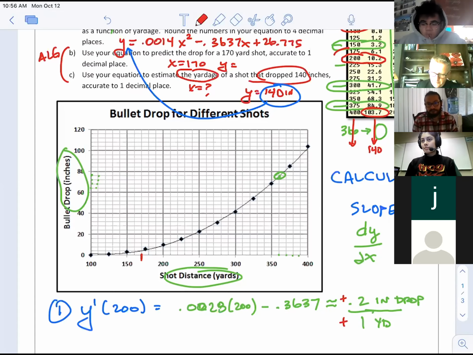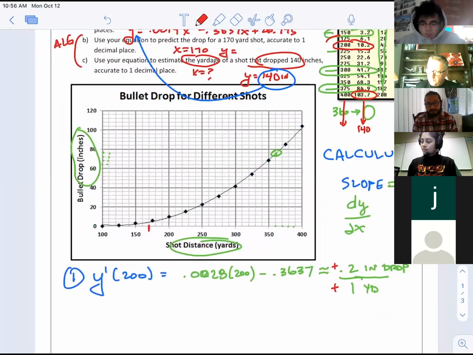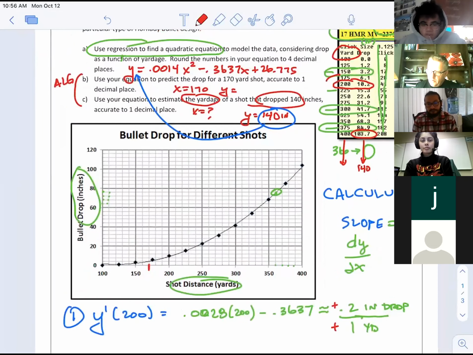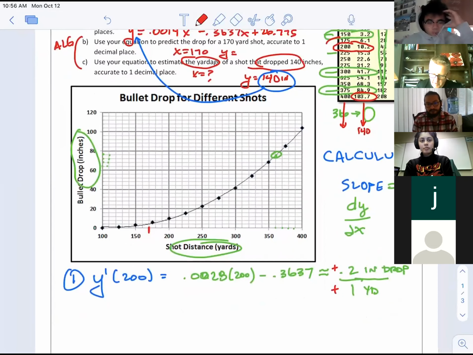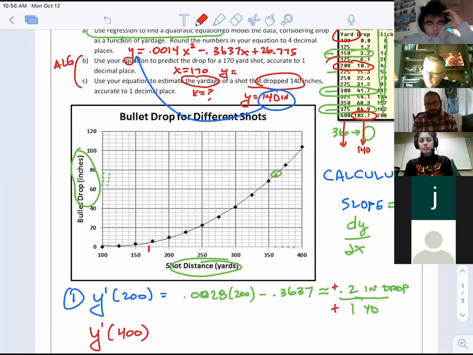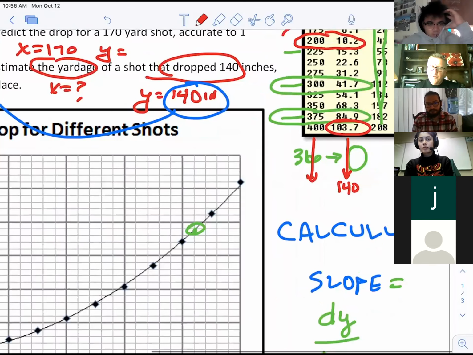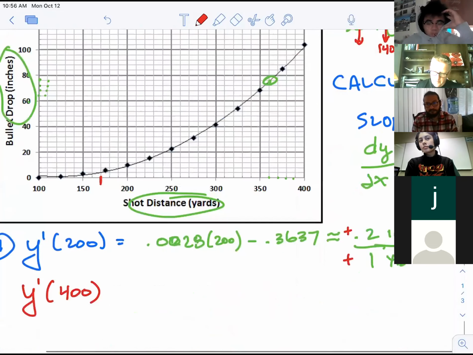But here's something surprising. What if you went out to 400 yards? Out there it's supposed to drop 103 inches. Is the rate of change out there also 0.2? Well, let's go figure it out.